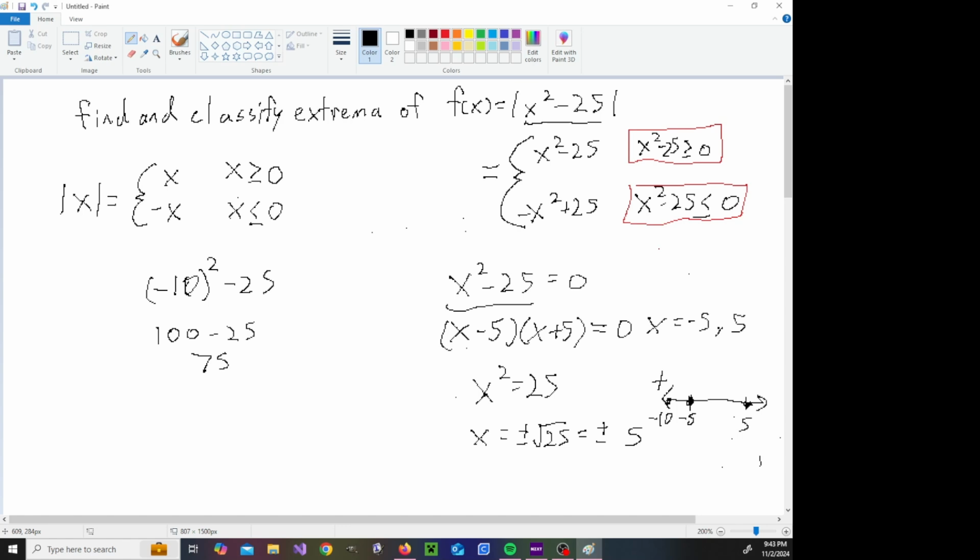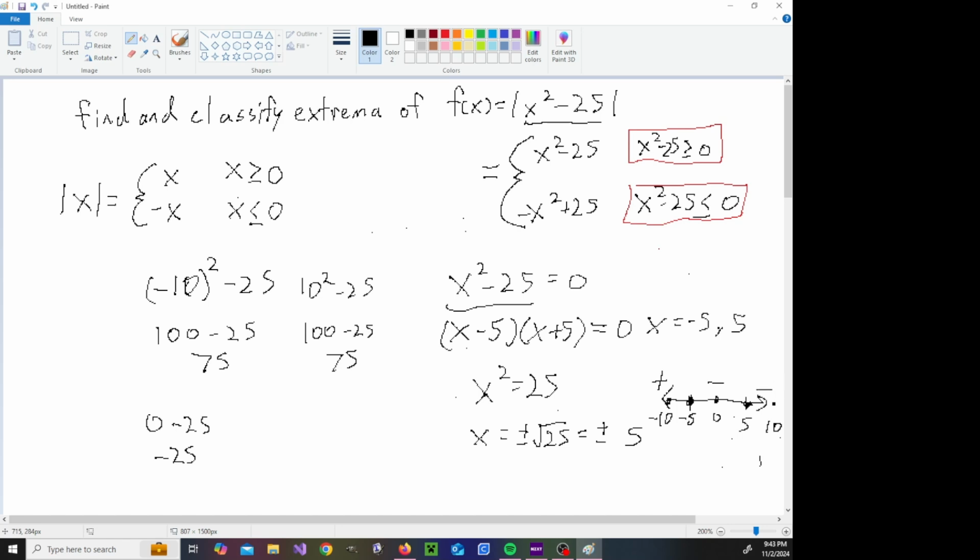Now, if I plug something in between negative 5 and 5, like 0, which is a really nice number, I see 0 minus 25 is negative 25, so I'm negative on this interval. Then we can make a good prediction. If I plug in some positive number greater than 5, something like 10, then 10 squared minus 25 is 100 minus 25, which is 75.